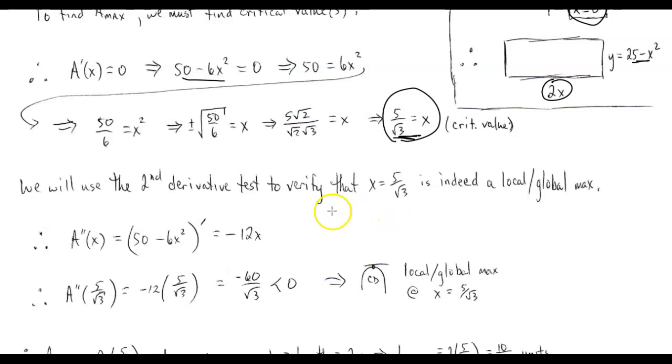Okay. And so to find the second derivative, we take the derivative of the first derivative that we got, and that's just going to be a minus 12x. We plug in a positive number and multiply that times a negative number, and we get a negative number as a result. And since the second derivative is negative, we know that the original function had to be concave down.